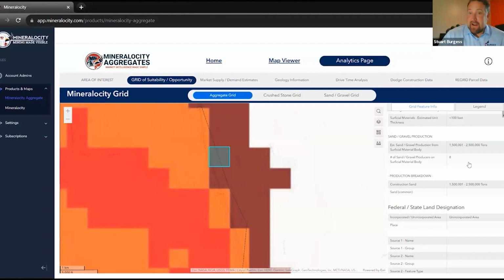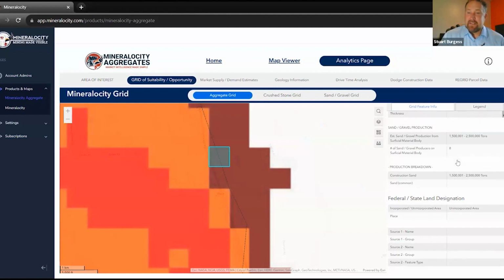So this is a favorable unit, and they're primarily producing construction sand and probably gravel as well. But as many of you know, construction sand, concrete sand is in high demand and growing across the country. So this could be an ideal area, ideal unit.